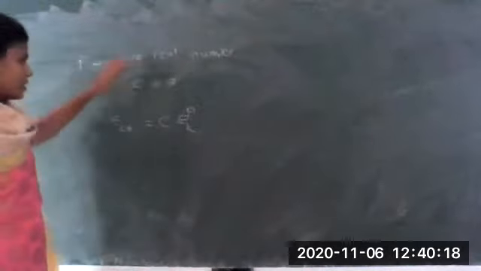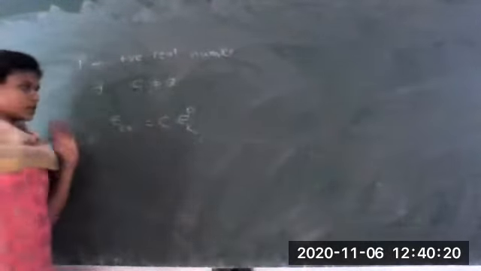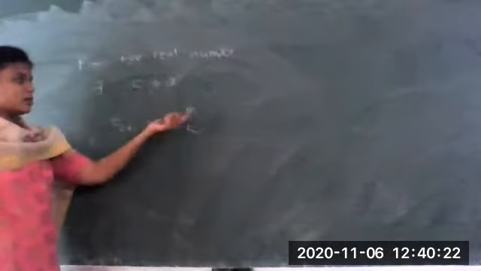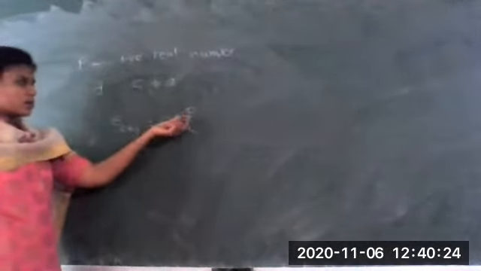If there exists a constant C and a largest positive real number P such that we have this condition, we will say that the rate of convergence or the order of convergence is P.